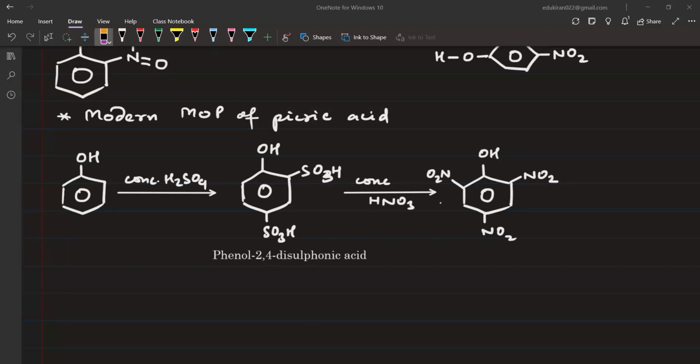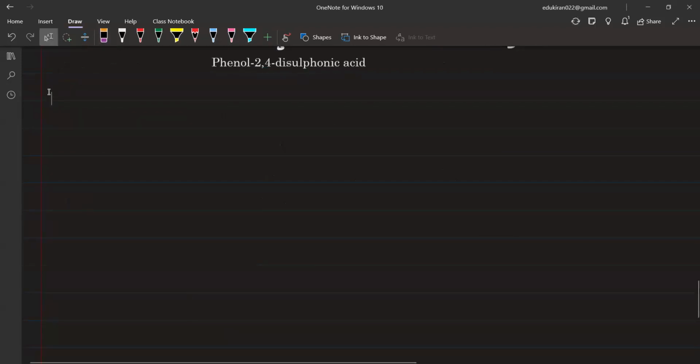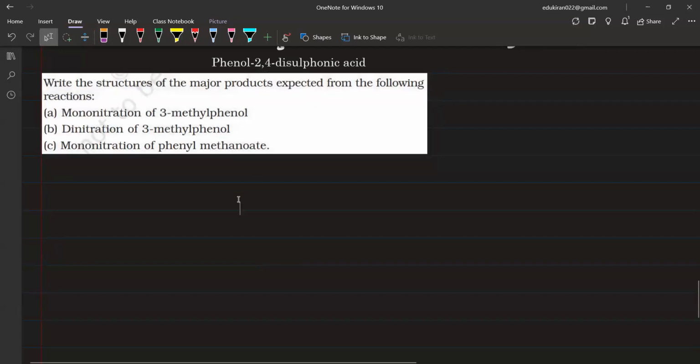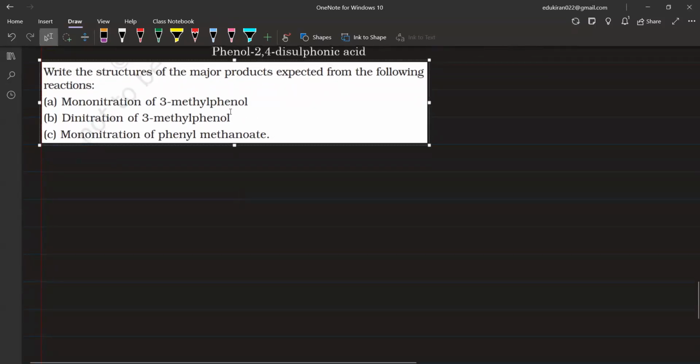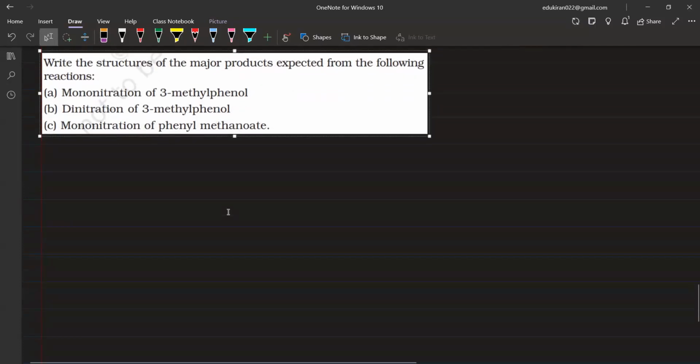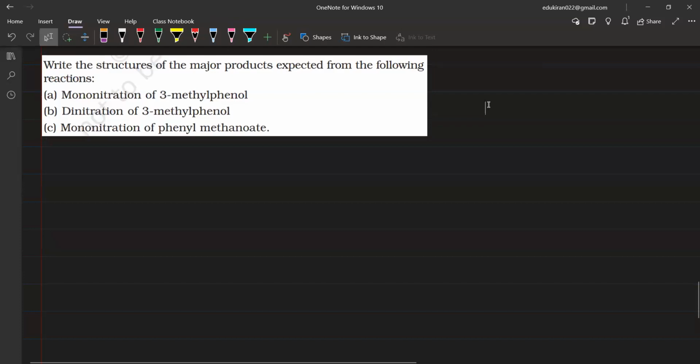After that, here is a good question. There is a good question in NCERT, and even though they have not asked this question till now, I am seeing that the level of the CBSE board examination is going more towards conceptual questions. So this is one conceptual question, and you are going to learn a new concept in it. Write the structures of the major product expected from the following reactions.